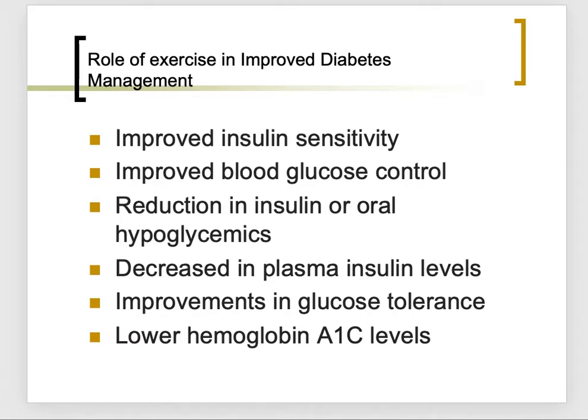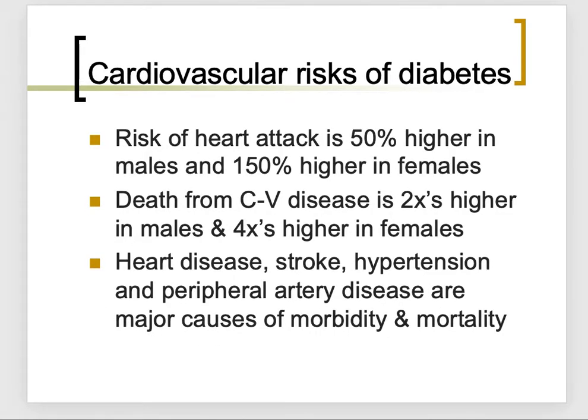We're going to have improved blood glucose control, a reduction in insulin, needing less insulin injected, and you're probably going to, over the weeks, need fewer milligrams of oral medicine because the muscles are playing a role in maintaining glucose. The muscles are contracting and eating the glucose, so we need less medicine. We also see decreased plasma insulin levels and improvement in glucose tolerance. And the key thing, again, is that the hemoglobin level, the A1C level, should lower as well.